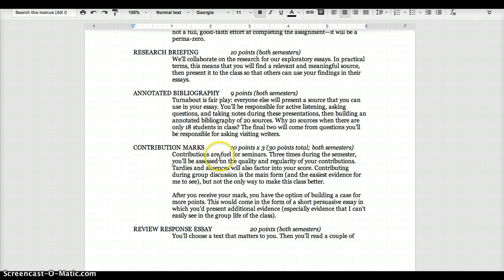You'll notice here that it's 10 points assessed 3 times. I am looking for frequent and meaningful contributions. Sometimes early in the year, students think that this really means I need to say one thing per day or one thing most days. And that really doesn't cut it.